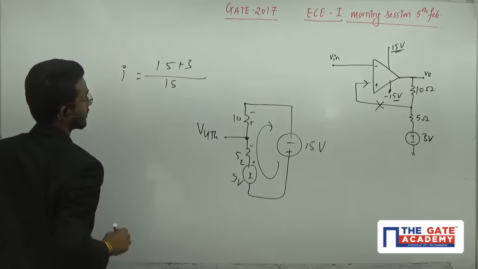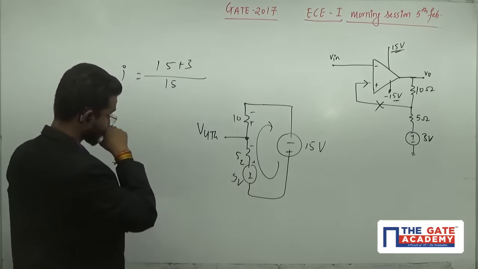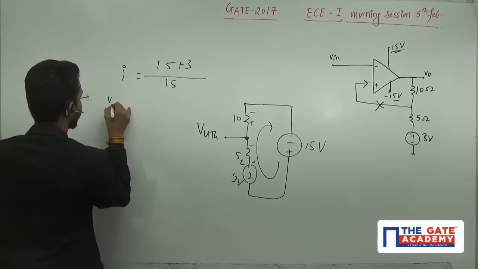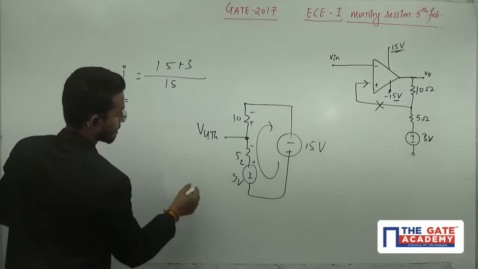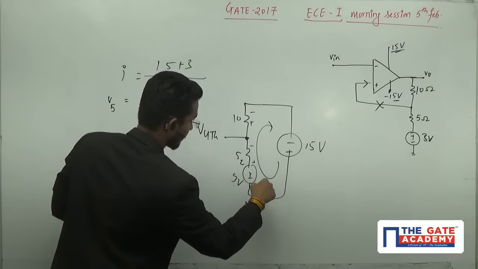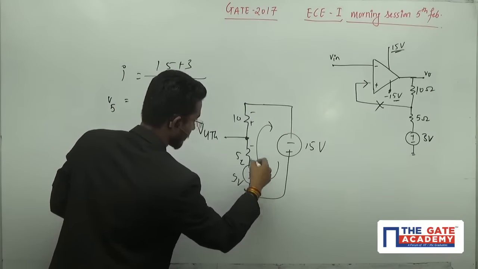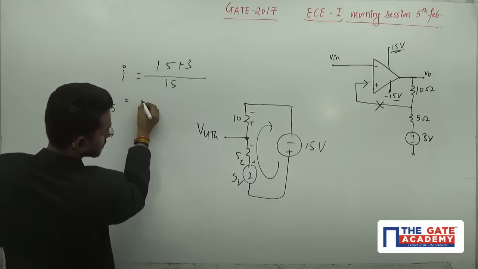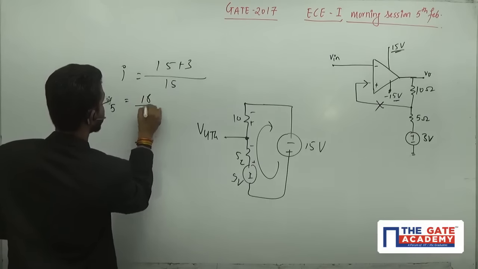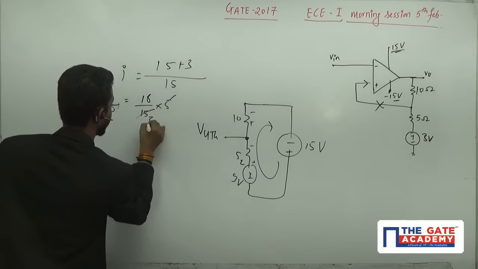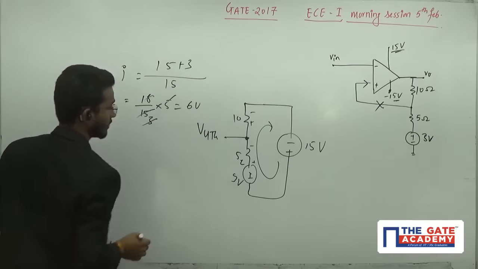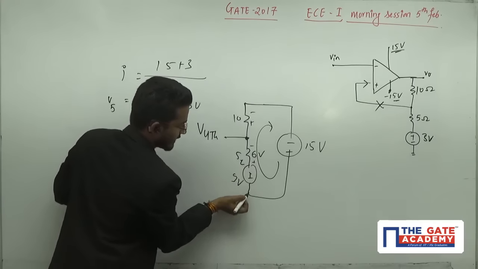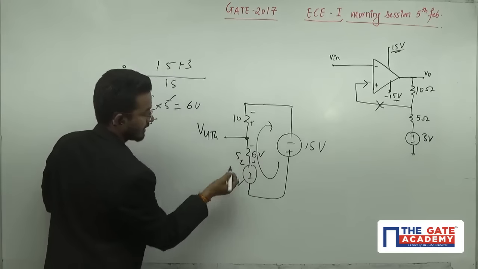This is the value of the total current, total voltage divided by the total resistance. Now the value of V of 5 will be 18 divided by 15 into 5, which is 6 volts. But I am interested in here, the rise of 3 volts, minus to plus, then plus to minus.